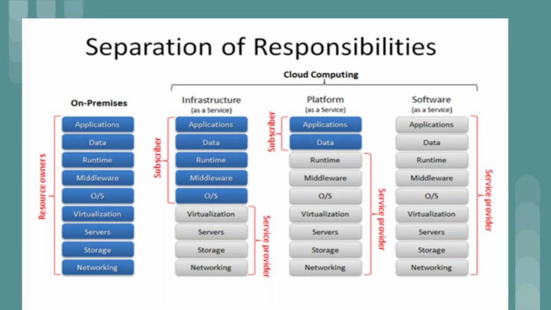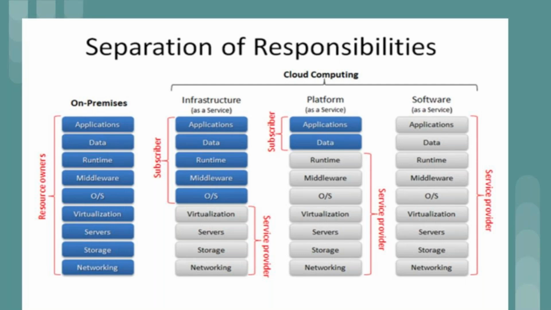And in cloud we have three types of service: infrastructure, platform, and software. What is infrastructure? The place which will reduce 50% of your efforts. They'll say, okay, I'll give you storage space, I'll make sure networking is sorted, servers are given, virtualization also I'll help you.